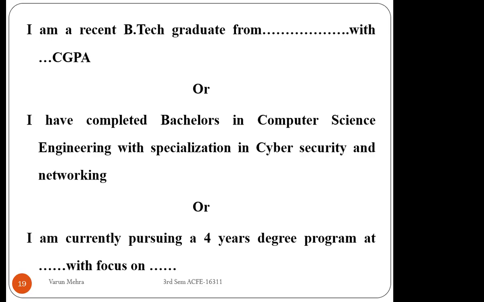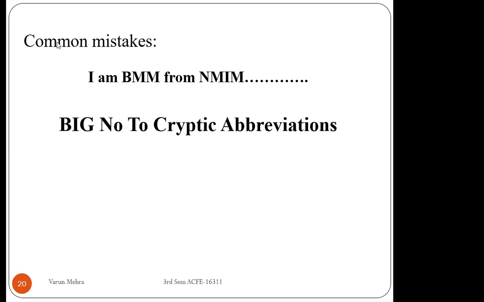Now, when we have to tell them our qualification, what we have to avoid, what mistakes we don't have to make, we don't have to use cryptic abbreviations. For example, sometimes we hear students say that I am a student of ASET, I am a student of AGC. Suppose you are sitting for an interview at a company and the HR or the employer who is taking your interview is from Madras.